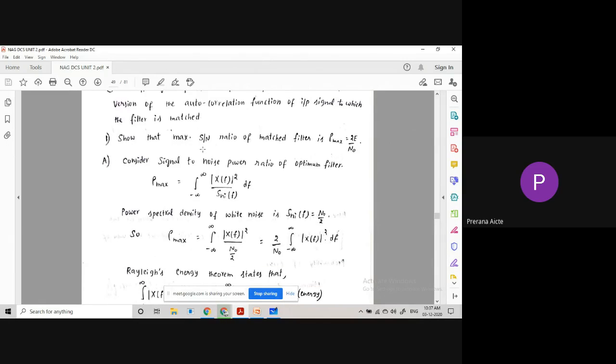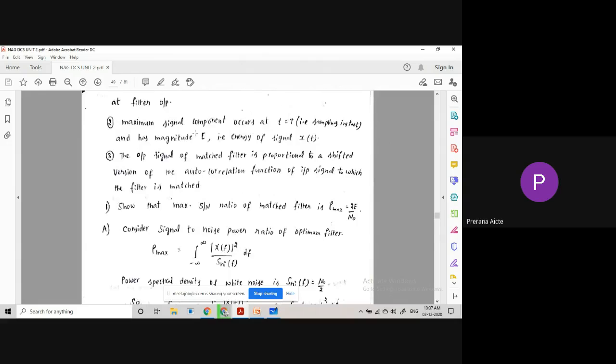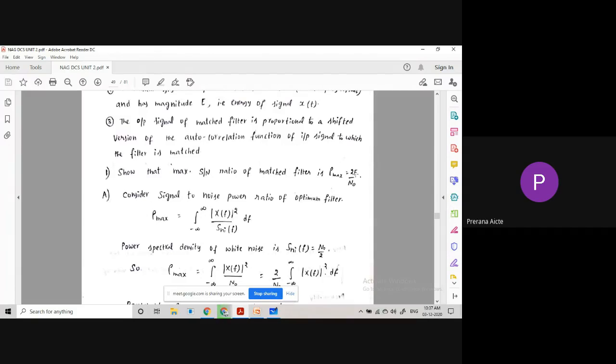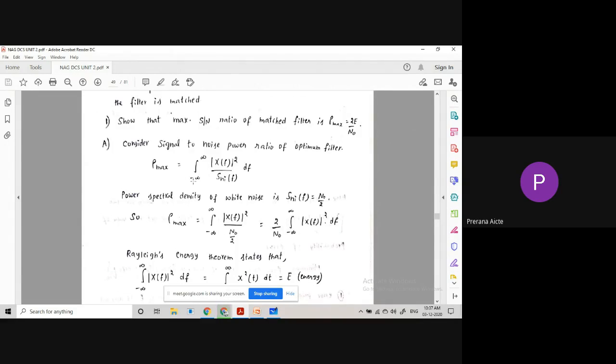See, we prove the first property. Show that the maximum signal to noise ratio of the matched filter is 2E/N0. We said, right, what is the first property? The ratio of signal energy to the power spectral density of white noise. See, E means signal energy. Consider the signal to noise power ratio of the optimum filter, which is rho max equals the integral from minus infinity of signal power, that is |X(f)|², by noise power.